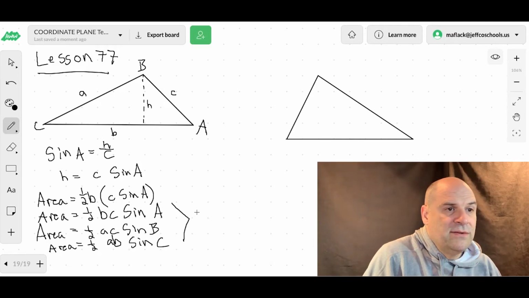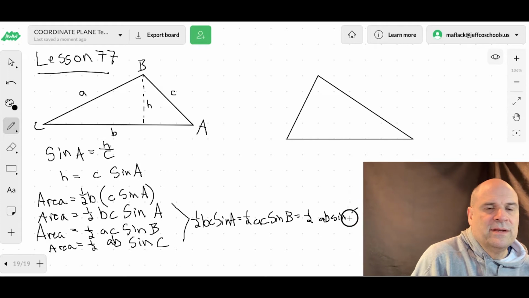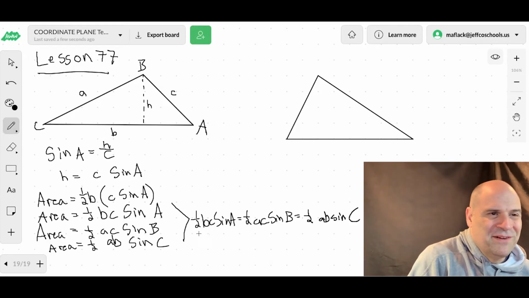I'm just going to set all these equal to each other. So 1/2 BC sine of A equals 1/2 AC sine of B equals 1/2 AB sine of C. So if I multiply everything by 2, I can get rid of those 1/2.